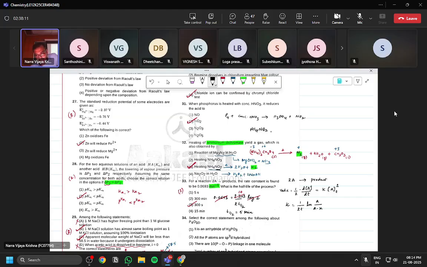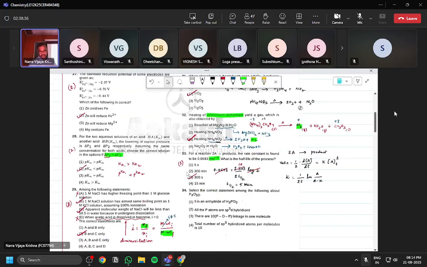If it is ammonium nitrate on heating, what do I have to get? First, I have to remove water. And then N2O. Right? You got nitrous oxide. So ammonium nitrate gives nitrous oxide. Ammonium nitrite gives nitrogen gas. Ammonium dichromate also gives nitrogen gas. Any questions in it? Next.